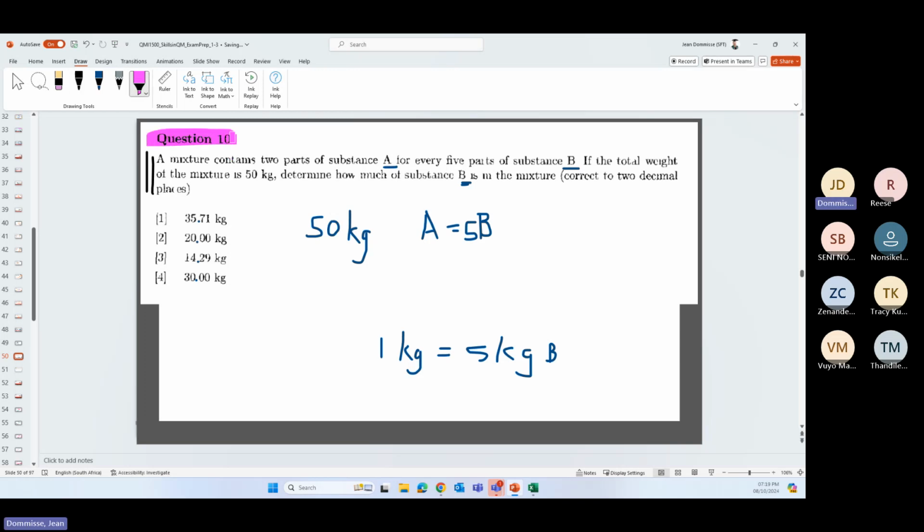I'm not 100% sure if this is correct. How much is 35.71 divided by 50? That's 0.71. So that's also not. No. Okay. I will check this out because I'm not 100% sure this is correct.